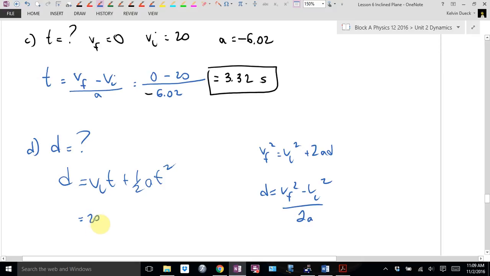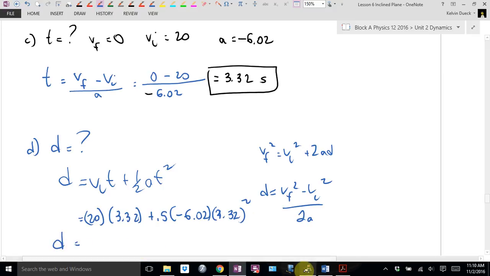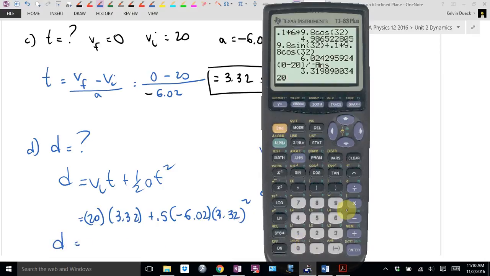VI, 20, times T, 3.32, plus 0.5, negative 6.02, times 3.32 squared. Times answer button plus 0.5 times negative 6.02429.